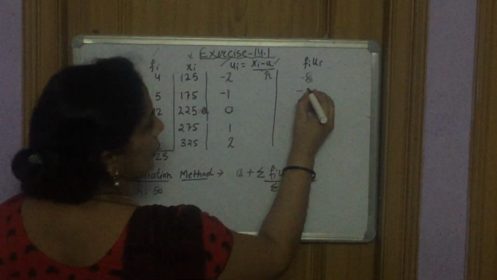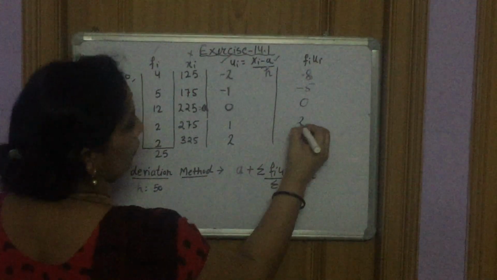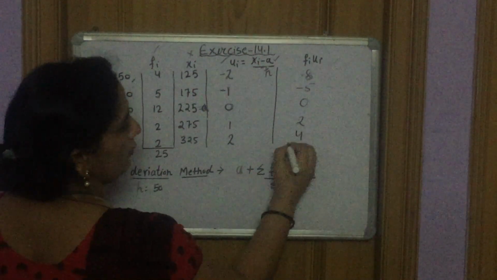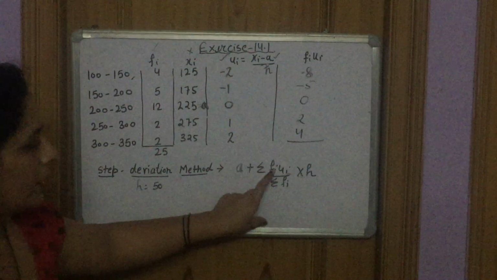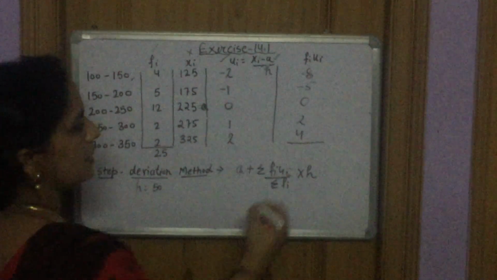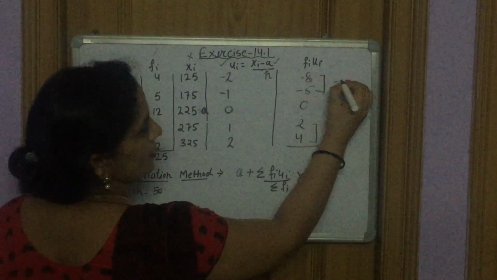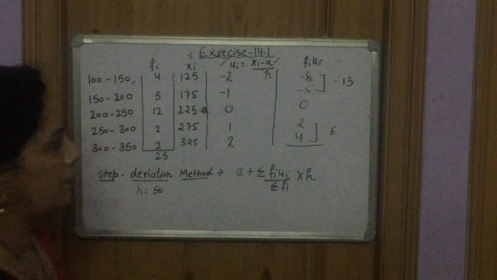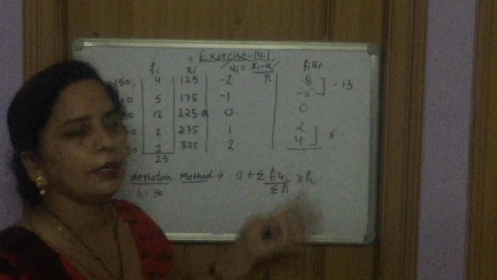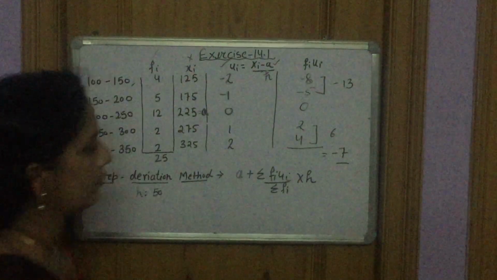Then minus 5, then 0 and 2, and after that it will be 4. After this we need the summation. Sum these terms 4 and 2, this is 6, and this will be minus 13. When we solve minus 13 and plus 6, we get minus 7.